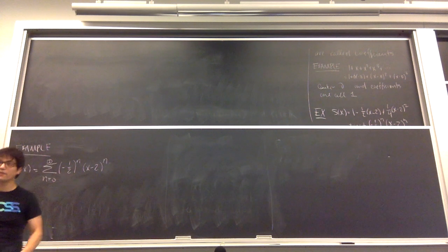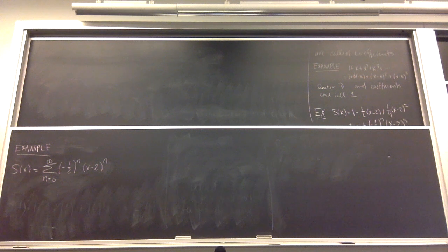You should be able to read everything off this. What's the center? 2. You can read it off here. This has center 2. What are the coefficients c_n? What is the nth coefficient here? It's minus 1/2, to the n.